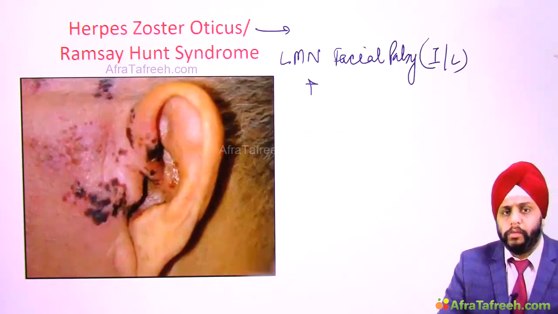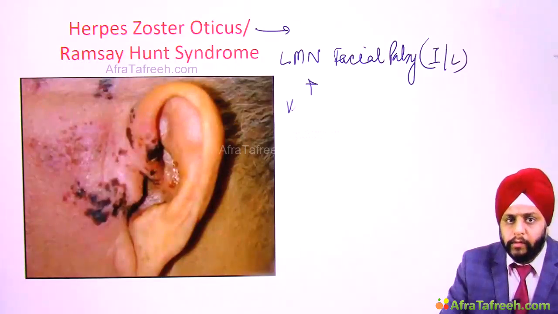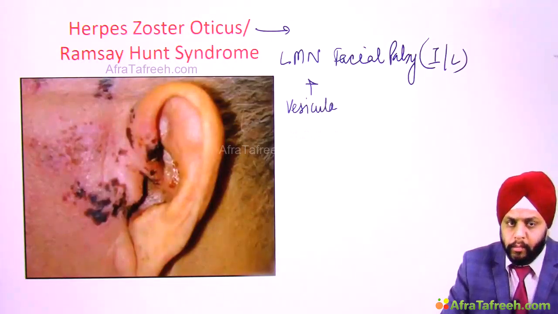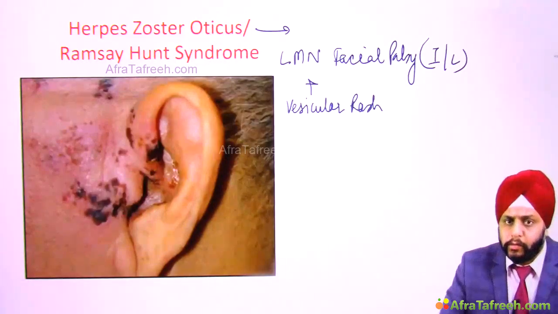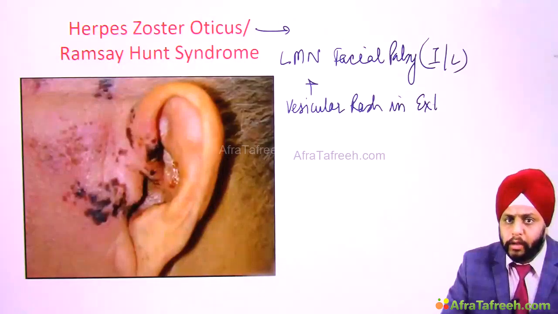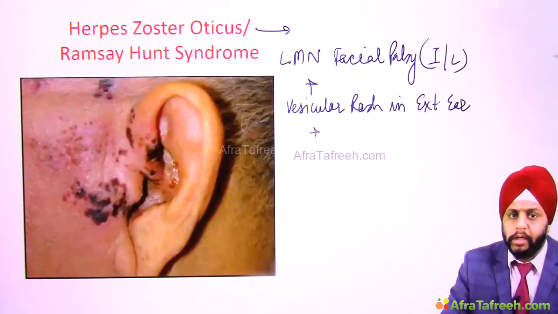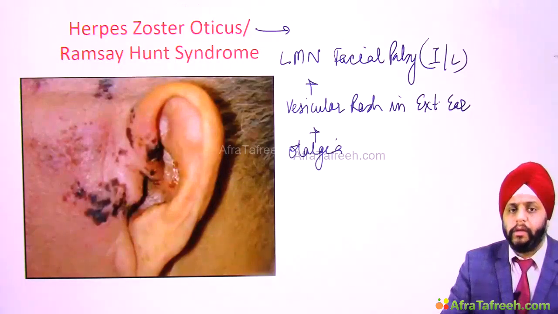Plus number two, there is vesicular rash. Vesicles means the fluid filled lesions. There is vesicular rash in external ear. And number three, patient also has pain, otalgia.